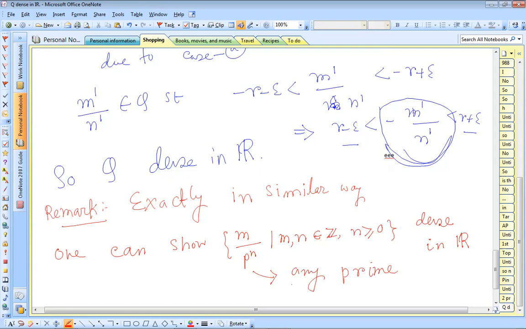So this can be shown in exactly the same way, and this is another dense subset of R. So these are the things which I want to discuss in this video.